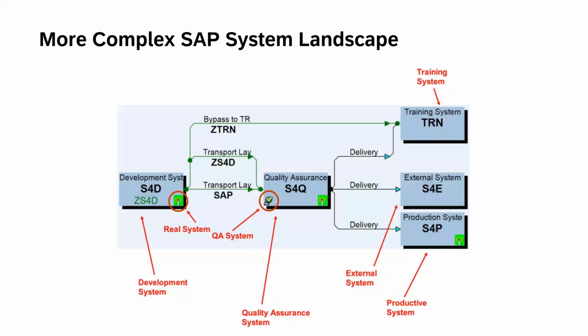Now, let me show in this example, you have a training system also over here. For this training system, you want to create some program, for example, for the convenience of the users who are getting the training. So you might be creating some programs for the convenience of the users, only for training purpose.